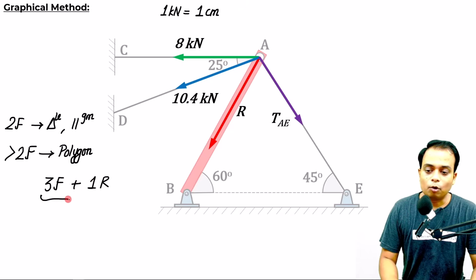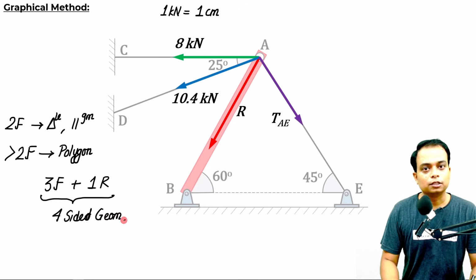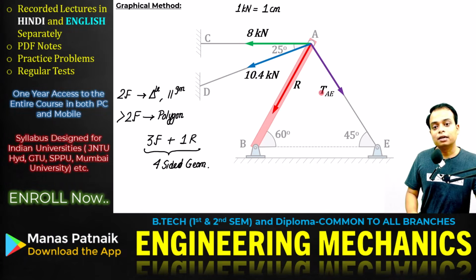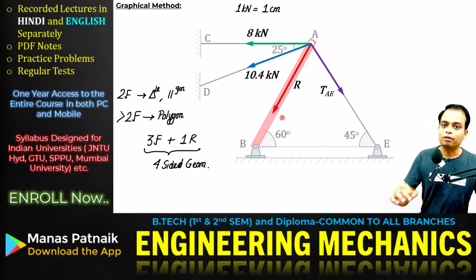The polygon that you will have is a four-sided geometry. These three sides are given by the three tensions in the three cables, and the fourth side will be taken in opposite order. That will be your resultant.